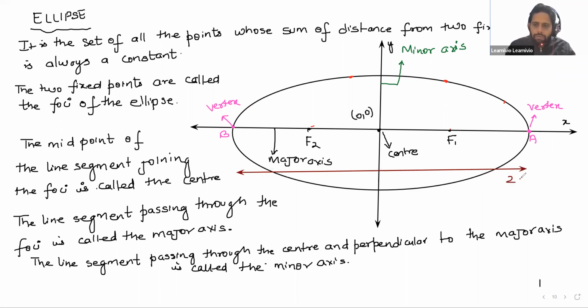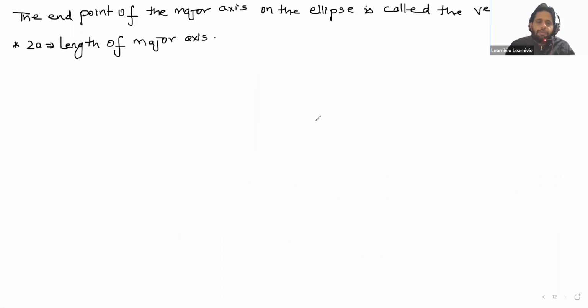So can you tell me what this is? A. Okay. And again, this distance is also A. So we have taken 2A as the length of the major axis. Similarly, we will take 2B as the length of the minor axis.